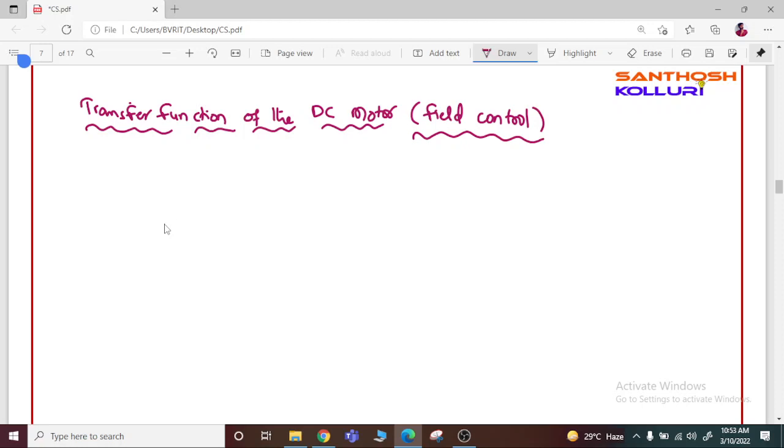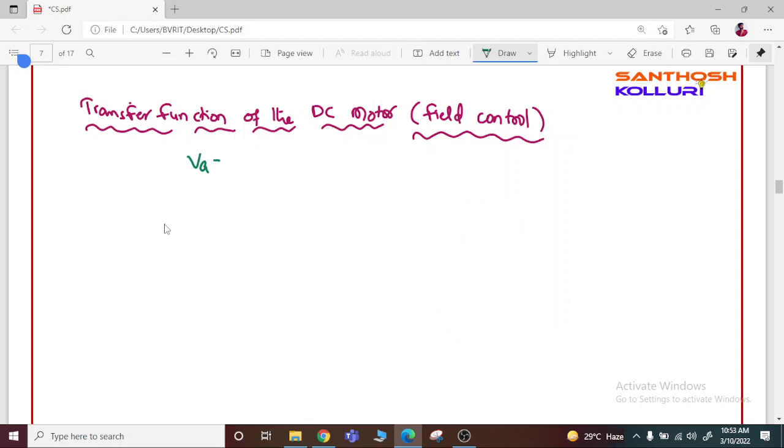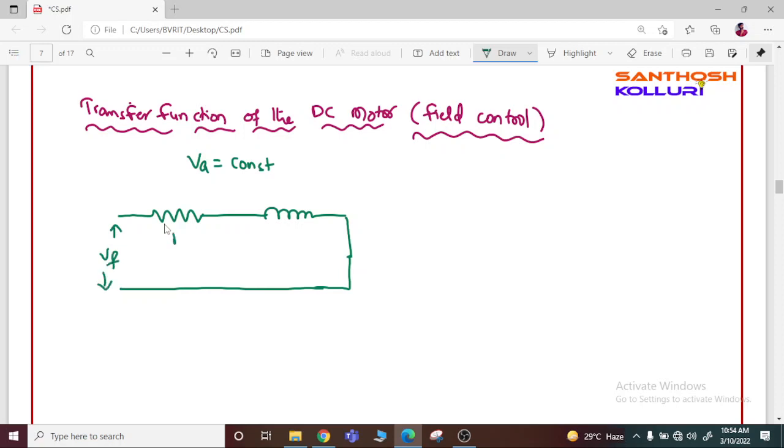So by keeping armature control as constant, so here Va is kept as constant. In the earlier case we have kept Vf as constant, so here Va is kept constant. Then the field control, the circuit diagram for field voltage, field resistor and inductor can be like this. So there is no back EMF constant in the field. So this is Rf and this is Lf.